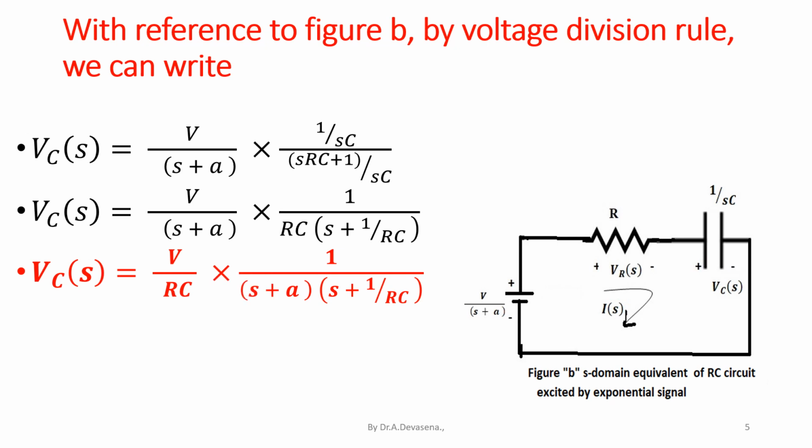That is, V_C(s) can be represented as V divided by RC into 1 divided by s plus a into s plus 1 by RC. That is, the above equation has been rearranged.